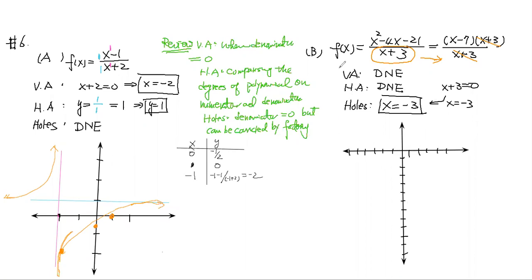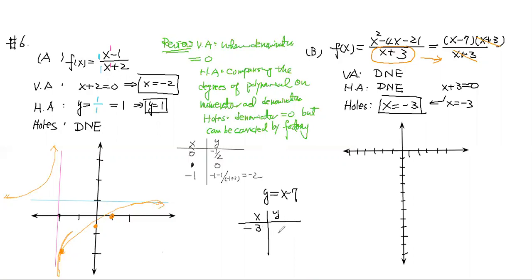Basically, this one is easy to graph because this is y equal to x minus 7. We just need to be careful: I have a hole at x equal to -3. First, let's put x equal to -3 to see the value.